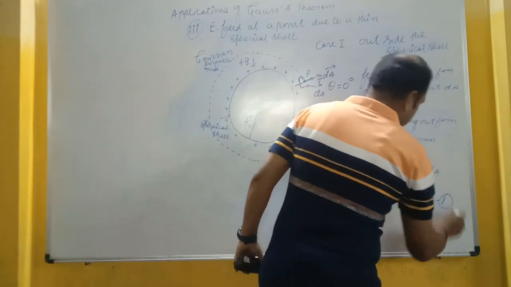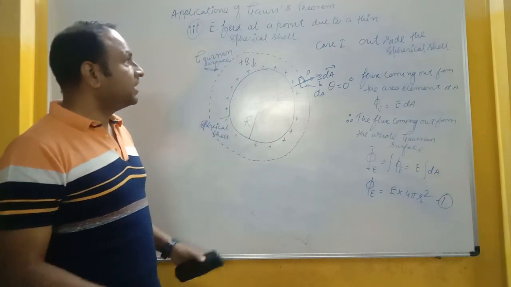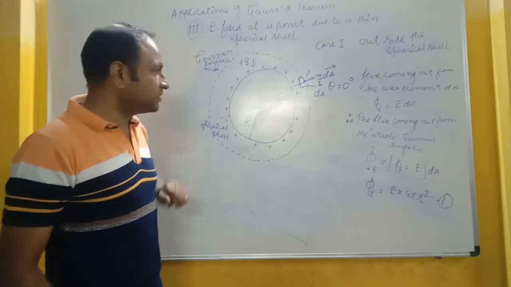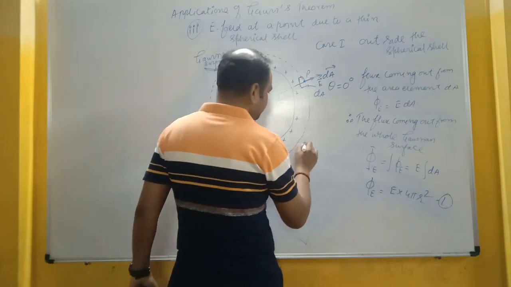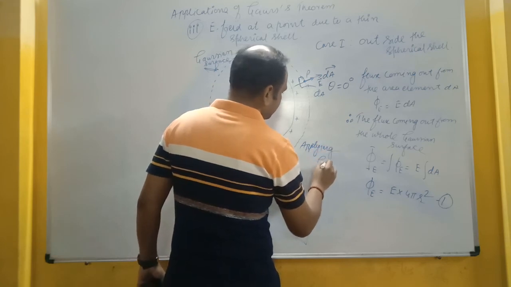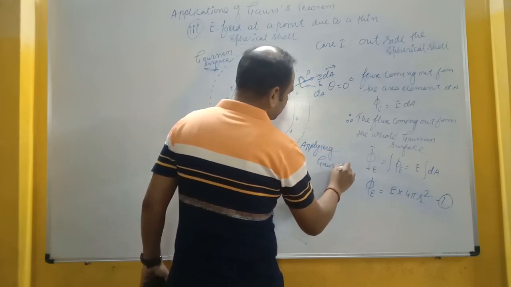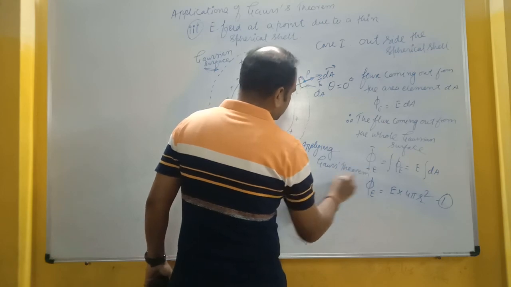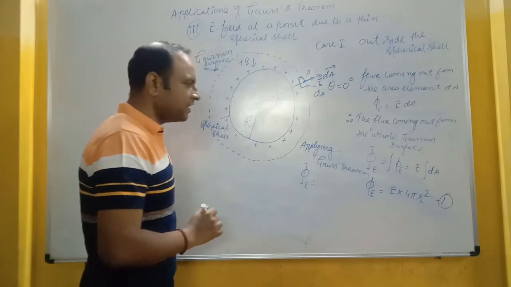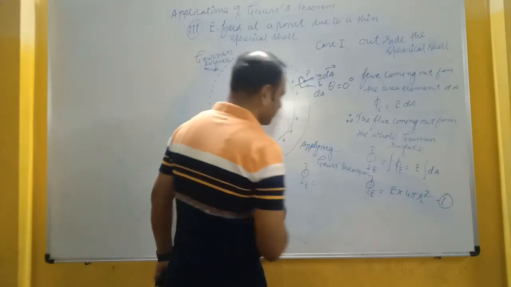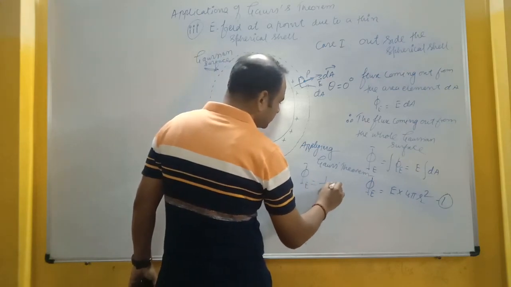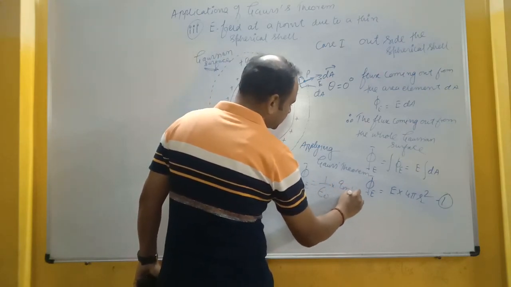Again, I have to apply Gauss theorem for this first case. So applying Gauss theorem, my total flux coming out, capital Phi E, is equal to 1 upon epsilon 0 times the net charge present inside the Gaussian surface.